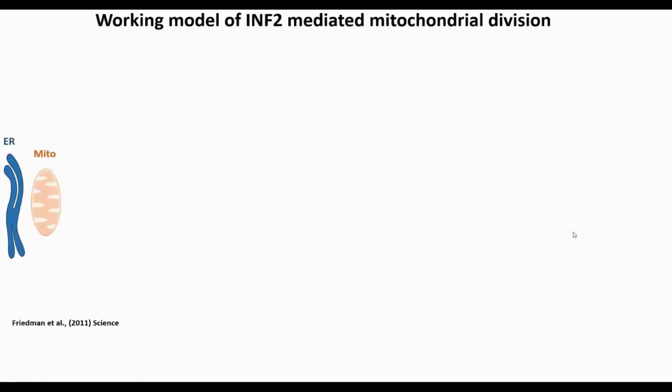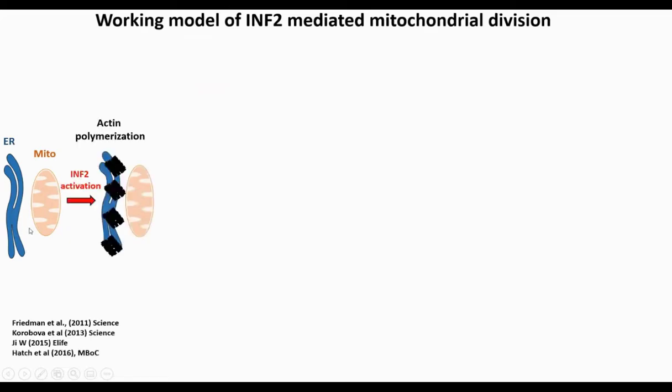So from all these data, we came up with a hypothesis, or a model, in which we tried to explain how INF2 was doing its job in mitochondrial division. From this wonderful study in the Science paper, it is known that mitochondria always divide at the ER interface. So we'll always have this ER where mitochondrial divisions are occurring.